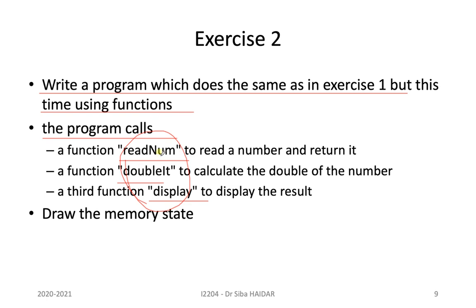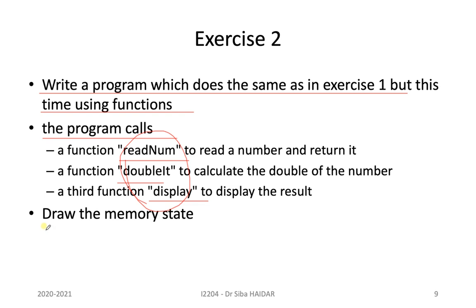So we want to learn what happens when these 3 functions, readNum, doubleIt and display, collaborate to get a result. So the main function will call in order these 3 functions and get the result.